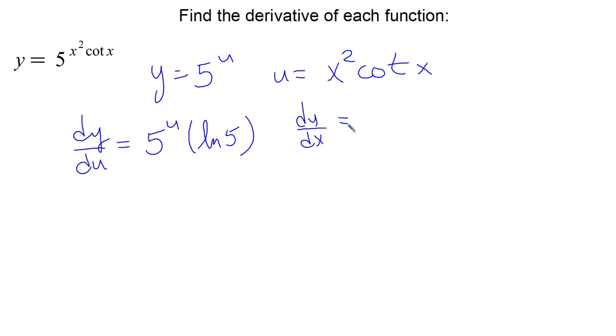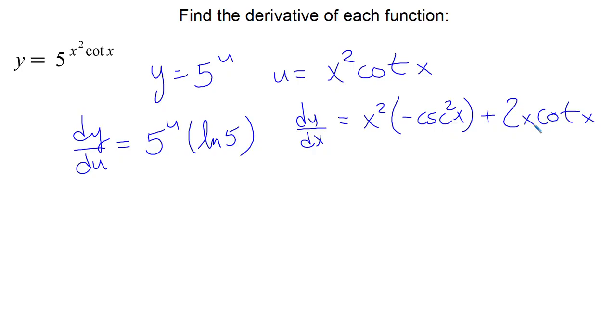So when we find the derivative of x squared cotangent x, we're going to have to use the product rule. So we'll start with the first function, x squared, and we'll multiply it by the derivative of cotangent. Well, the derivative of cotangent is negative cosecant squared. And then we'll add to that the cotangent x times the derivative of x squared, which is 2x. So that's just our product rule.